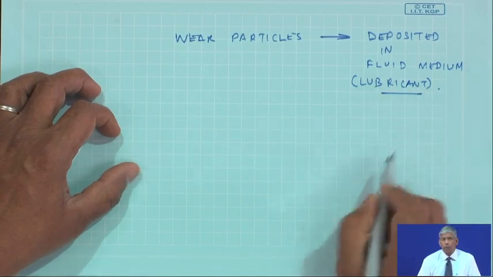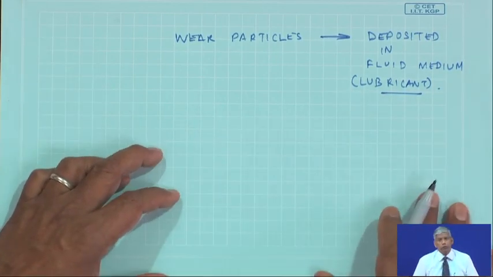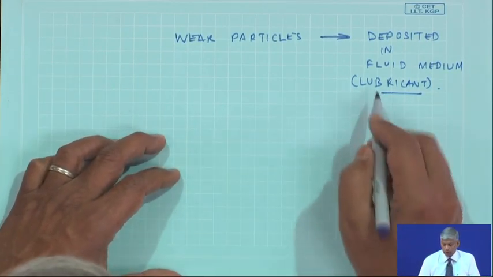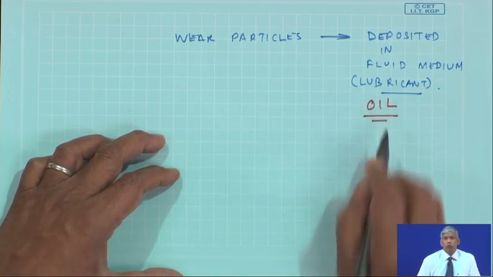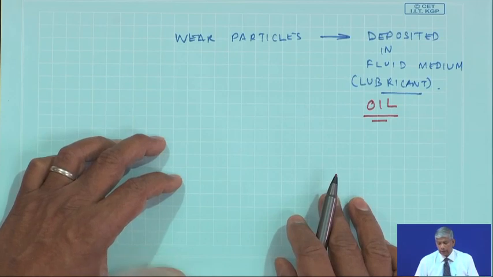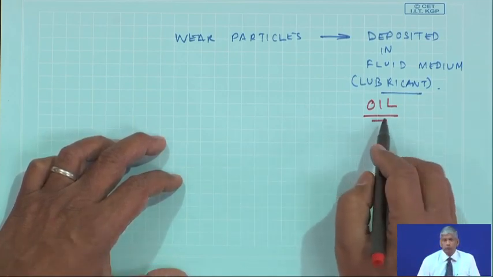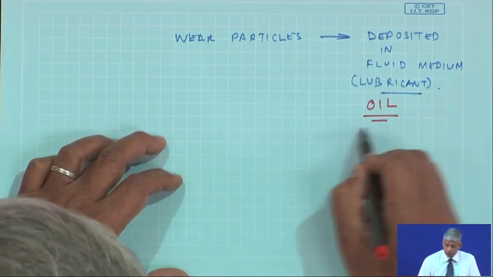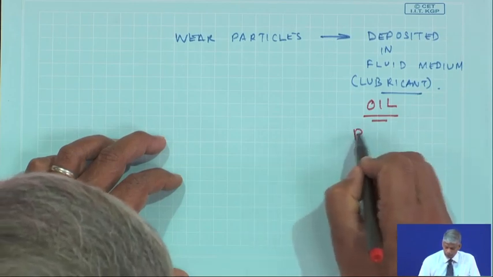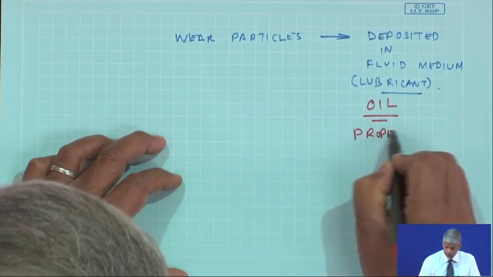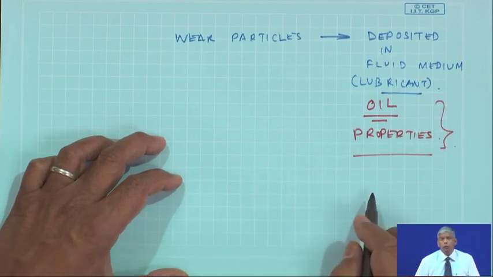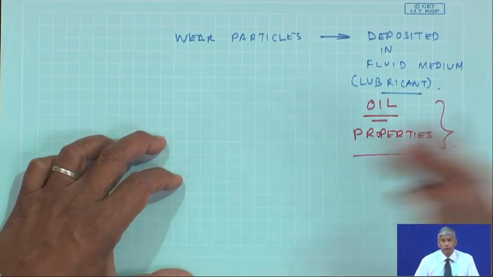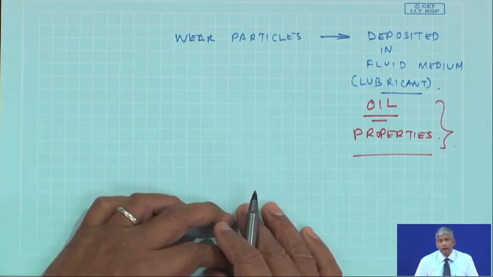So, in the process what happens? The lubricant, or we can say the oil, also gets spoiled. So, the oil will also get contaminated, and the oil's properties would change. We will study about the oil properties in the next lecture, that is on oil analysis.